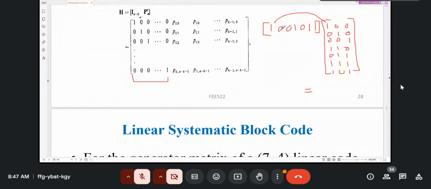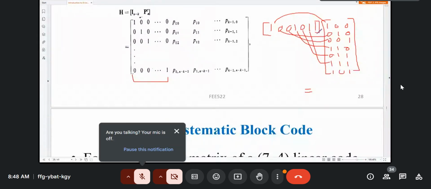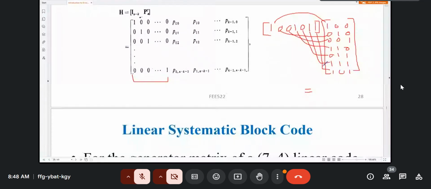So you have 1 plus 1, that is 0; and 1 plus 1 plus 1 plus 1, that is 0.